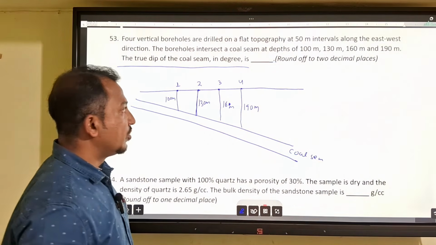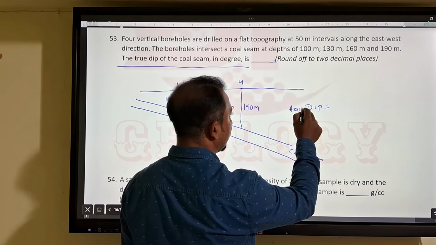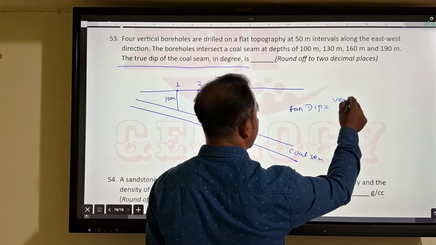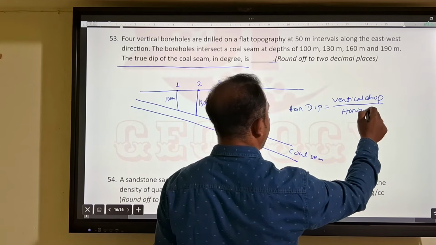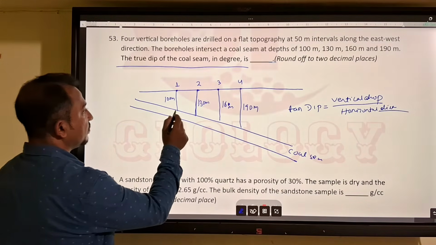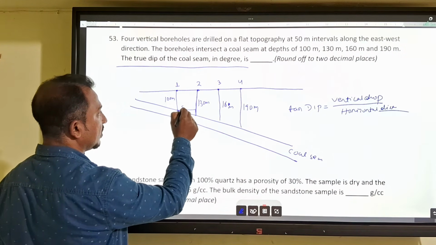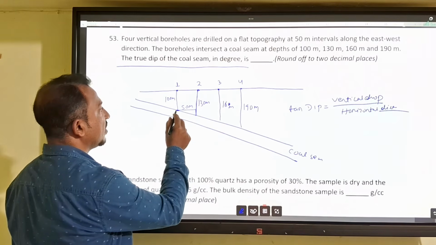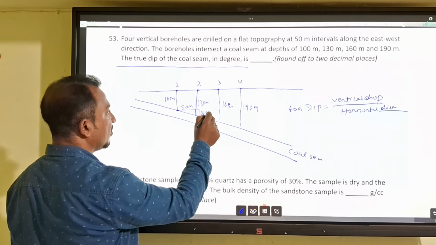So how will we calculate it? We have a formula: tan of the dip is the vertical drop divided by the horizontal distance. From place 1 to 2, the distance is 50 meter, and this place is at a depth of 100 meter, this is 130 meter, so the difference will be 30 meter, that is the vertical drop.